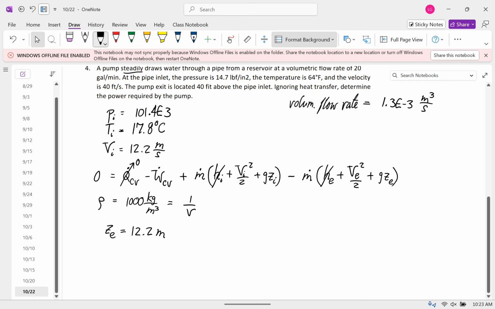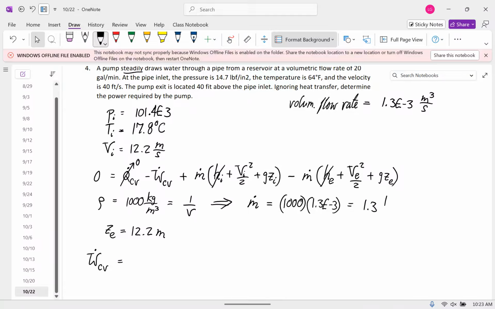And so W dot for the control volume is equal to... oh, I was going to use this to get the mass flow rate. So m dot is equal to 1,000 times 1.3 times 10 to the minus 3, which is 1.3 kilograms per second.